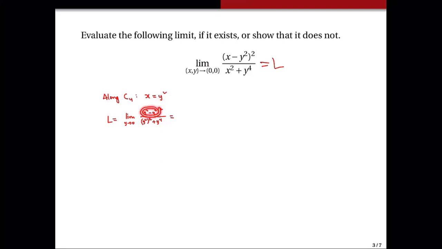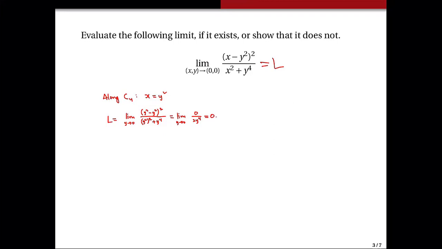So y squared minus y squared is constant 0. So as y goes to 0, the numerator is always 0, while the denominator is not equal to 0. It's actually 2y to the 4. So numerator is constant 0, denominator is non-zero, it just goes to 0. This means the limit here is equal to 0.